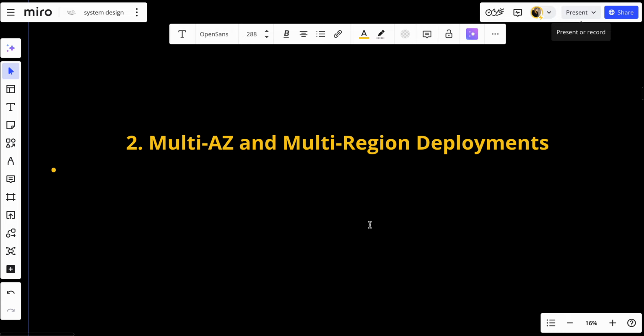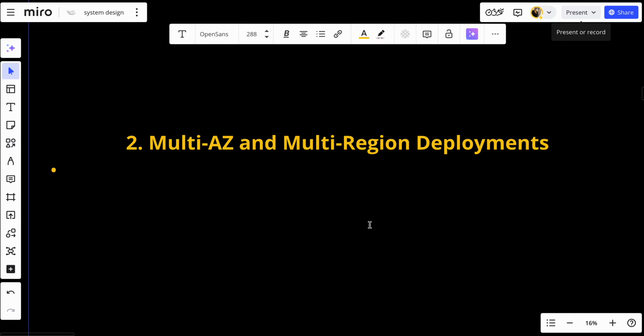Second, Multi-AZ and multi-region deployments. Multi-AZ, which is multi-availability zones, and multi-region deployments can increase availability by spreading your resources across different geographic locations. This way, even if one zone or region goes down, your services continue to operate.